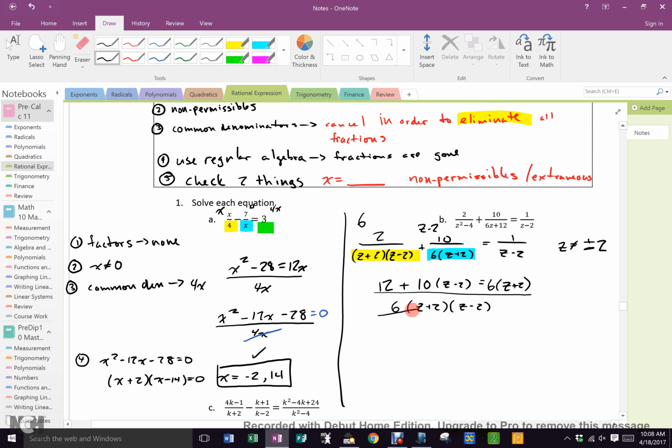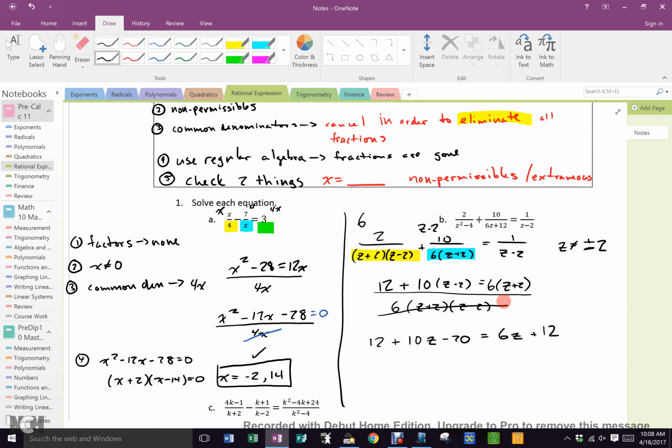No. So what I have now is 12 plus 10z minus 20 equals 6z plus 12. Is everybody cool with that? I just expanded everything out. Is everyone good? And the bottom gets to cancel because once everything is over a common denominator, we're fine.